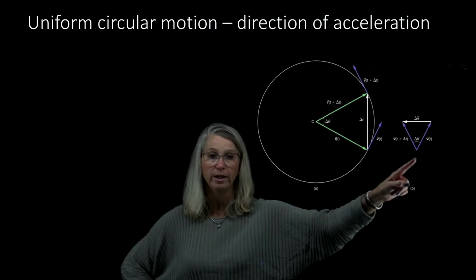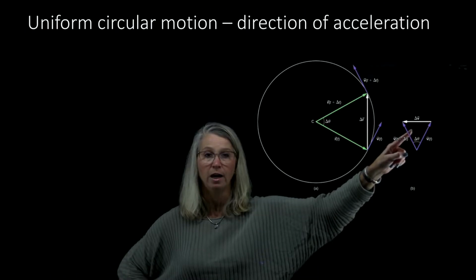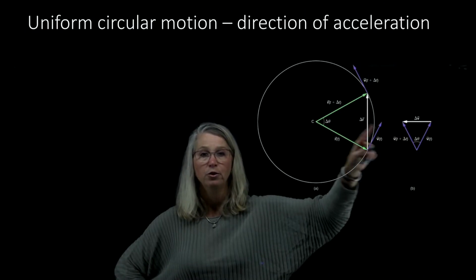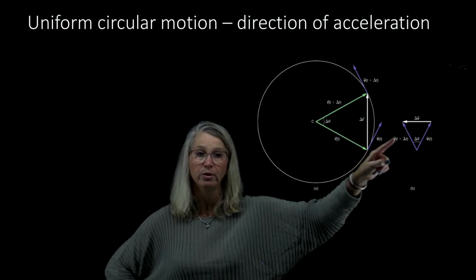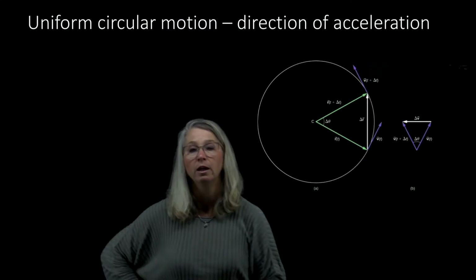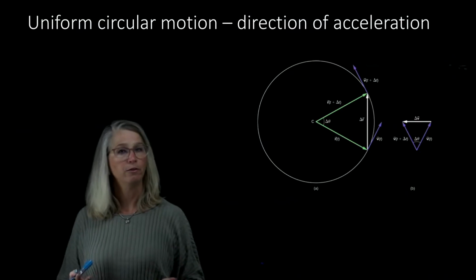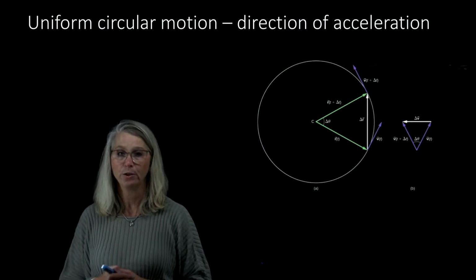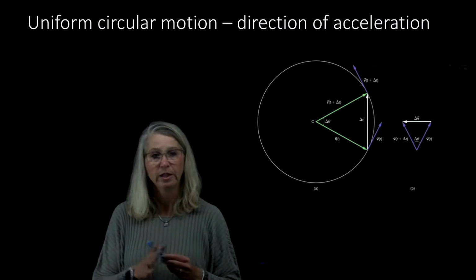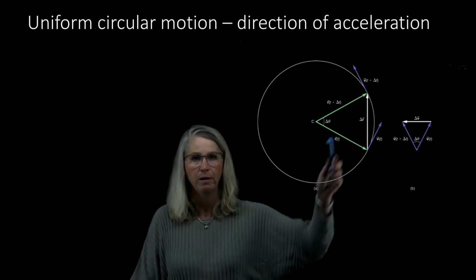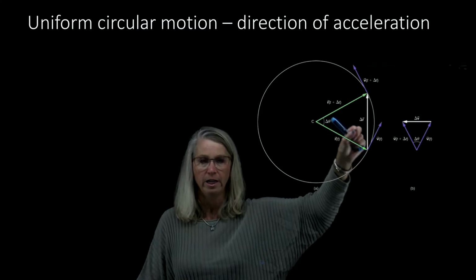The triangle made up of the velocity vectors and the change in velocity is similar to this triangle here, because they both have an angle between them of delta theta. I'm asking you to believe me on that, but it is true. Again, imagine pulling this vector down and putting it right here.